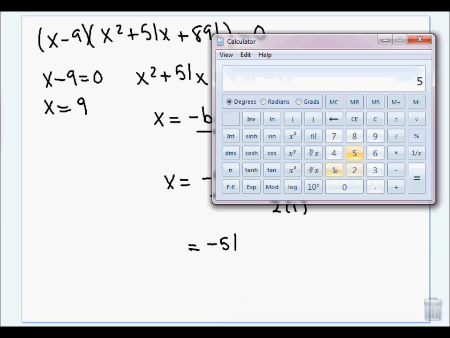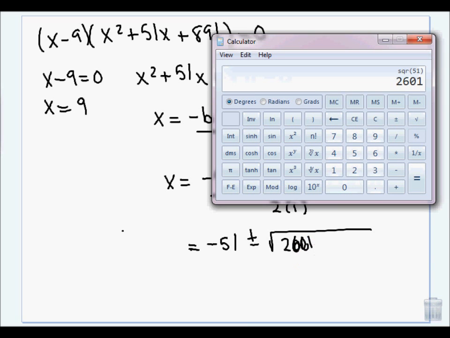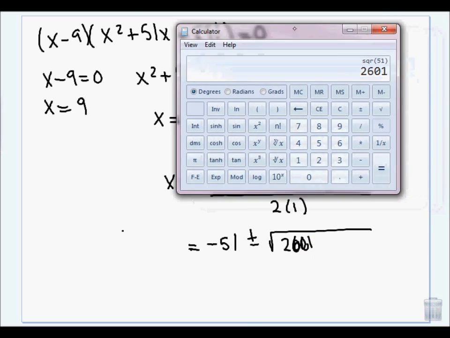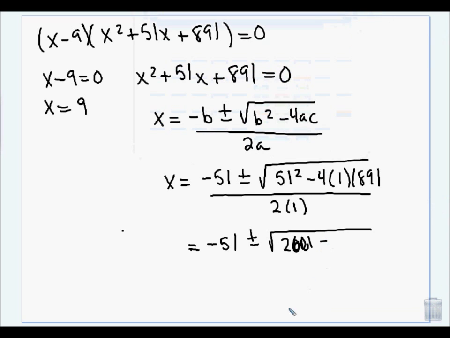Okay. 51 squared is 2,601. And then I have 4 times 891, so minus 3564.